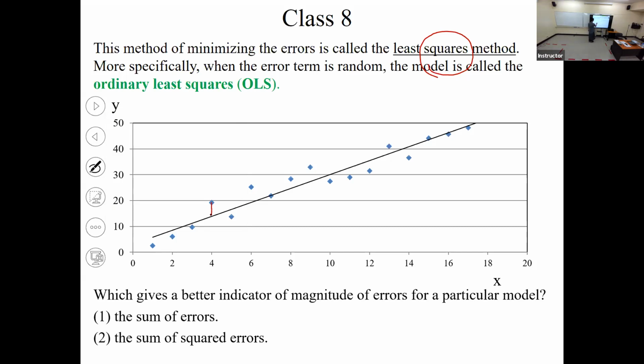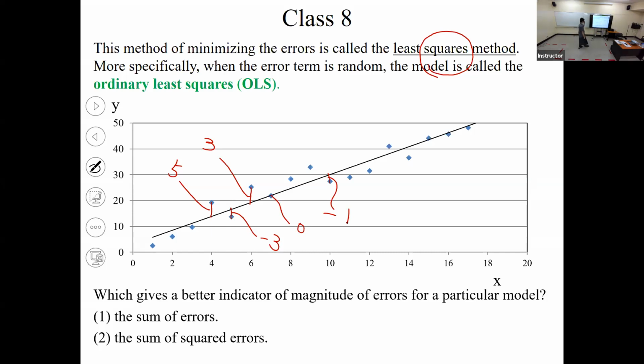So this one may be about 5. This one, maybe the error is like -3. This one may be +3. This one may be 0, exact. This one may be -1. So these are the error values.